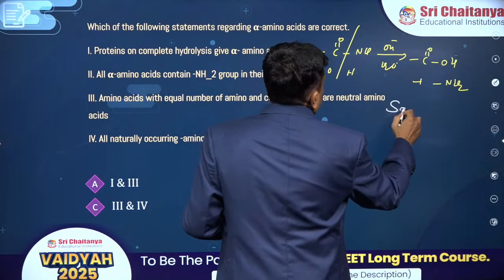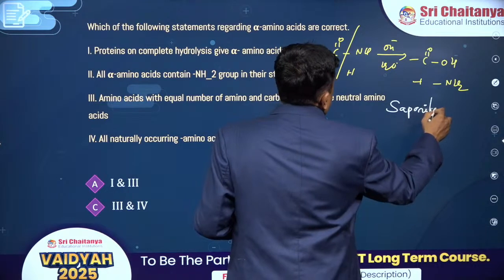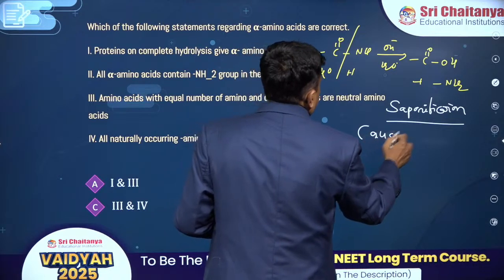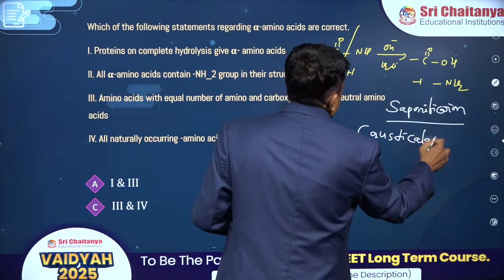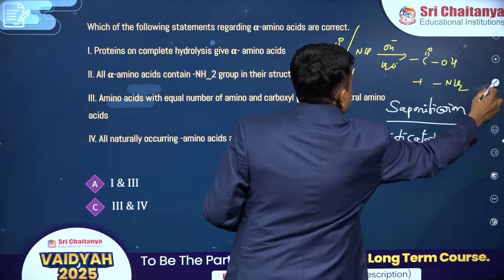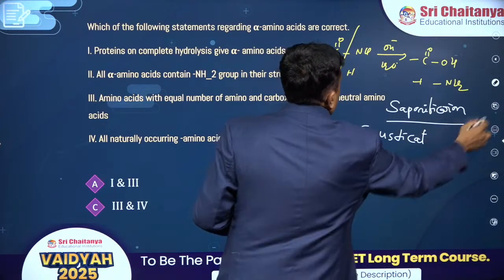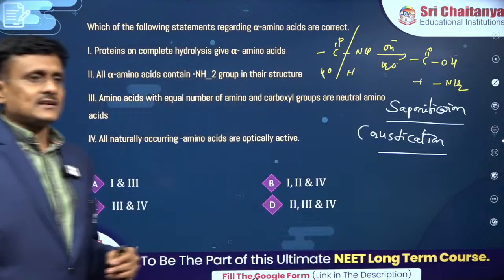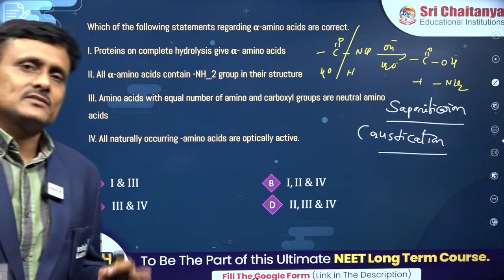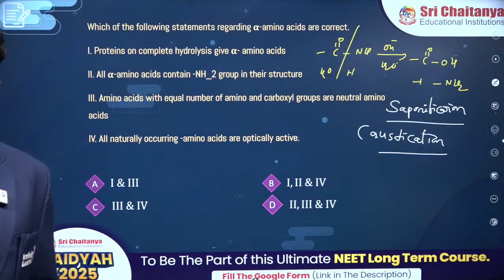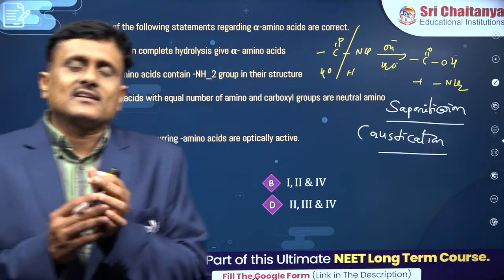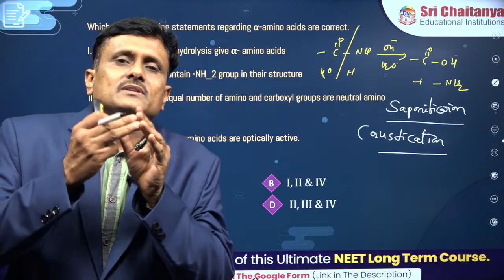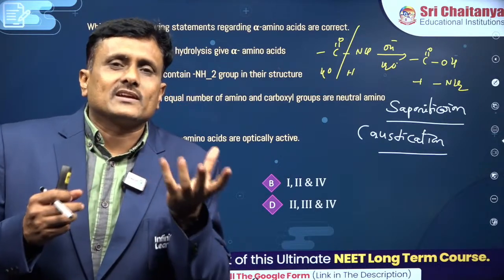So it's called saponification. It is also called causticization or caustication. One and the same, don't get confused. Any reaction that is catalyzed by a base is called saponification. In this particular case, when you place your hand in soap water, after a while you will see it has developed wrinkles.